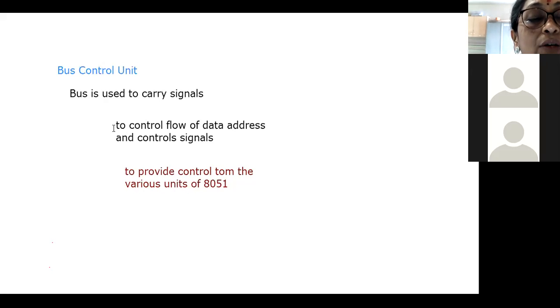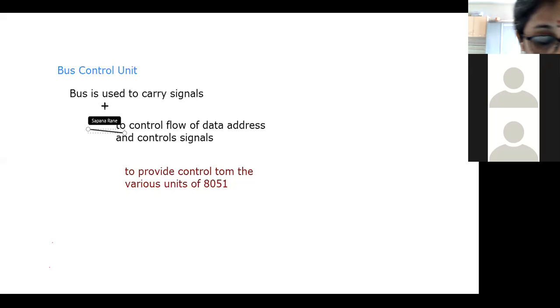So these are the two important functions of the bus control unit. Okay, are you getting the point, students?